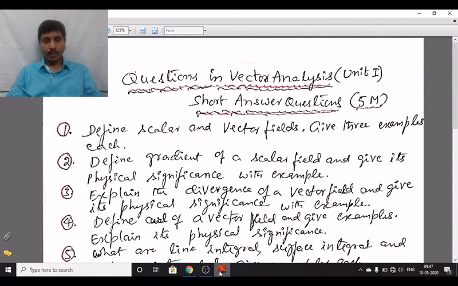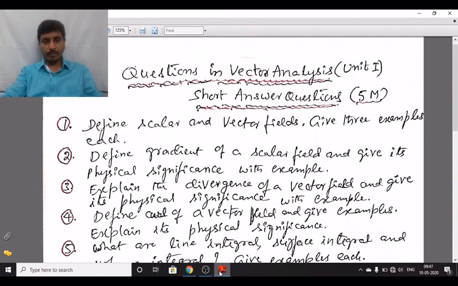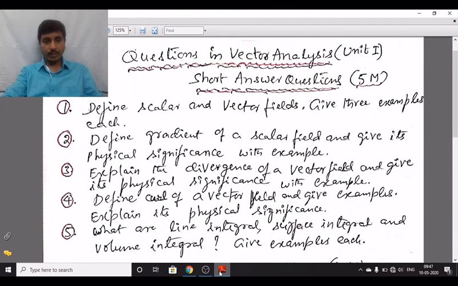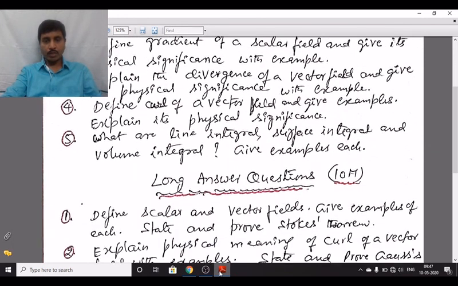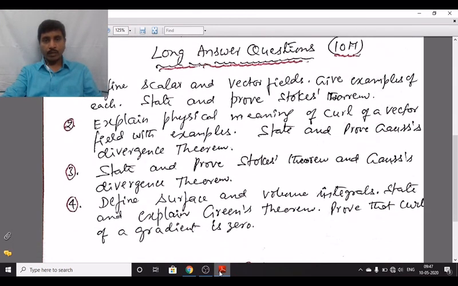Fourth question, define curl of a vector field and give examples. Explain its physical significance. Fifth question, what are line integral, surface integral and volume integral? Give examples of each.